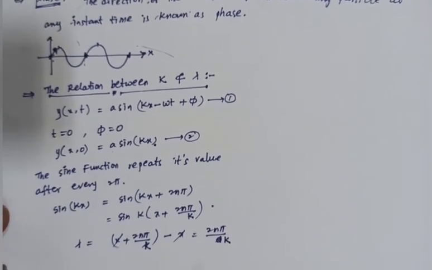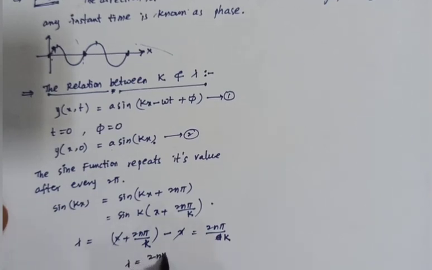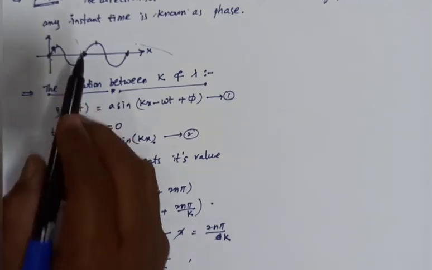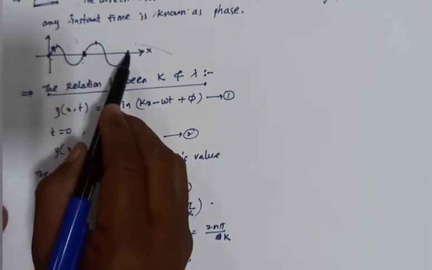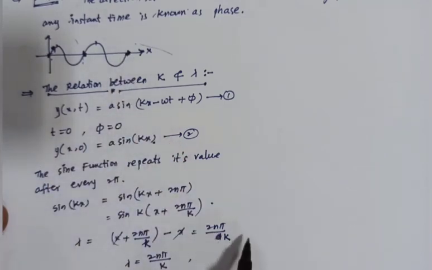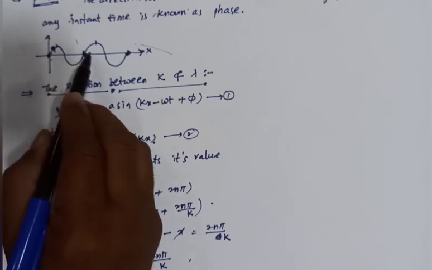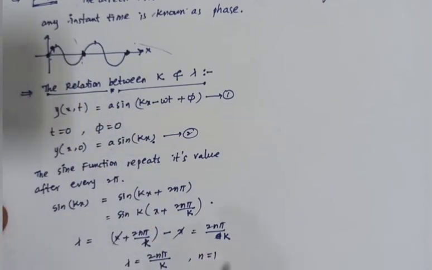So lambda equals 2n pi by k. For two successive points in the same phase, n equals 1.